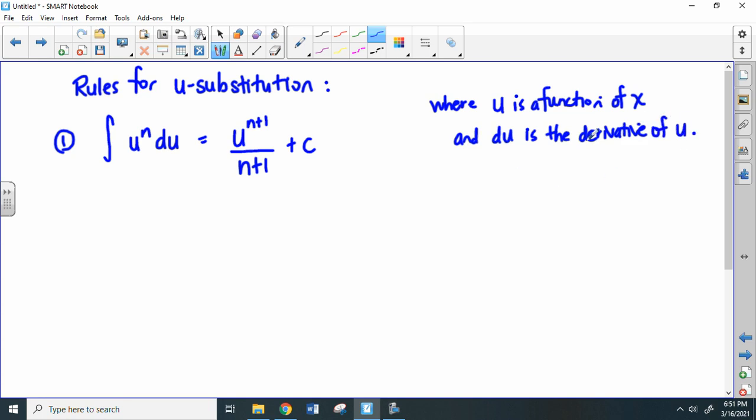So that'll be important when I actually show you how to apply the rules. So u is a function of x, and then du is going to be the derivative of that.